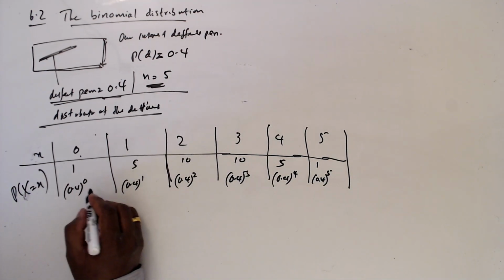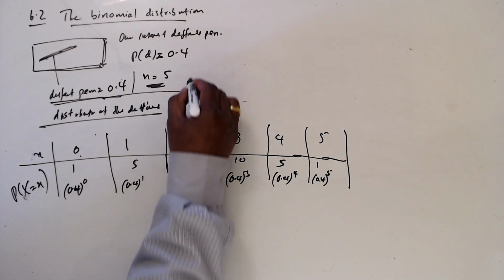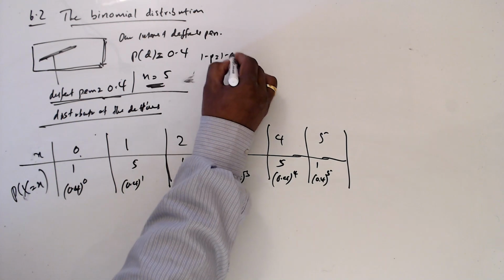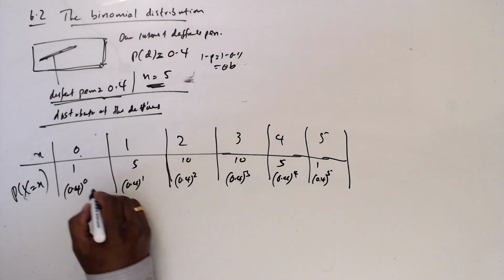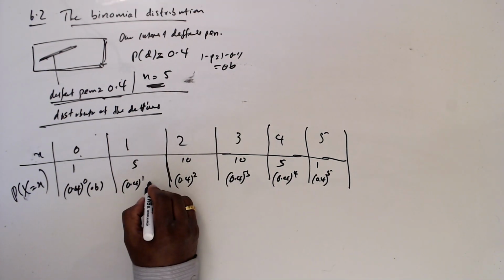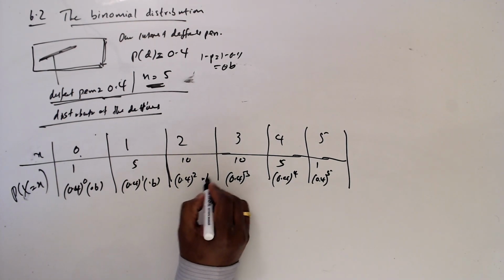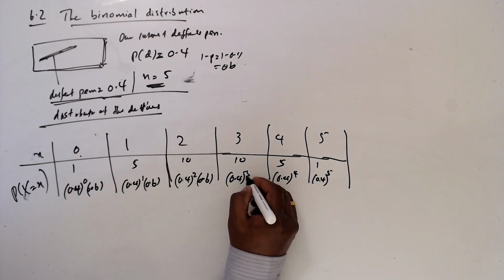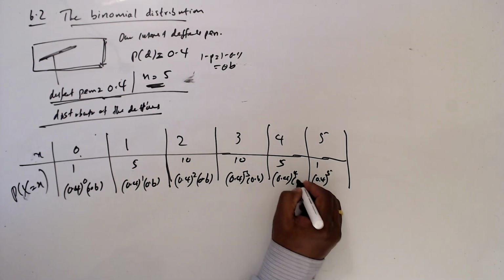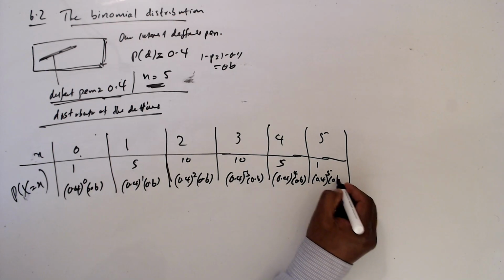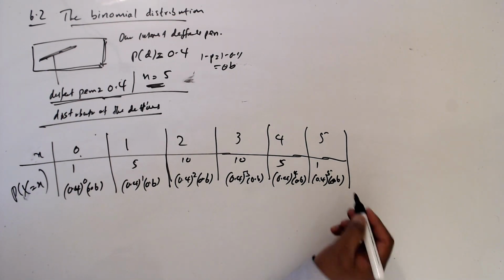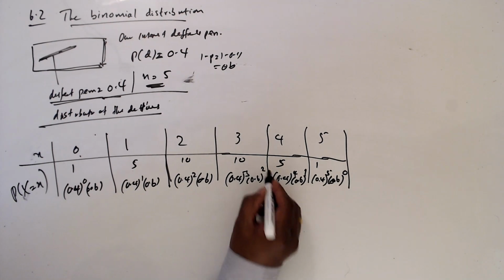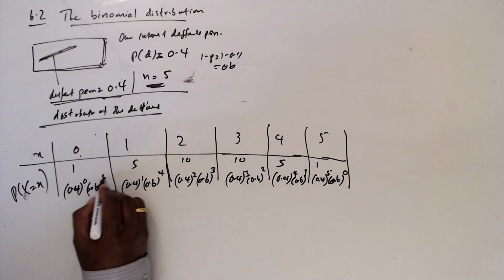That is the p value 0.4. Then 1 minus p is 0.6, 0.6, 0.6, 0.6, 0.6, 0.6, with powers 0, 1, 2, 3, 4, 5.